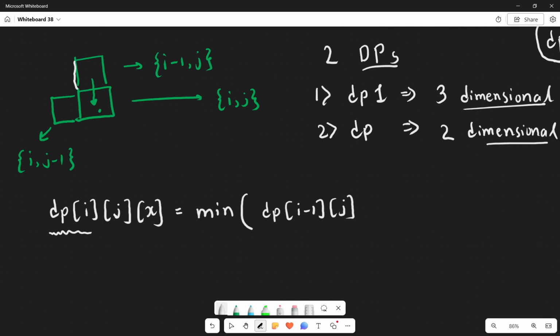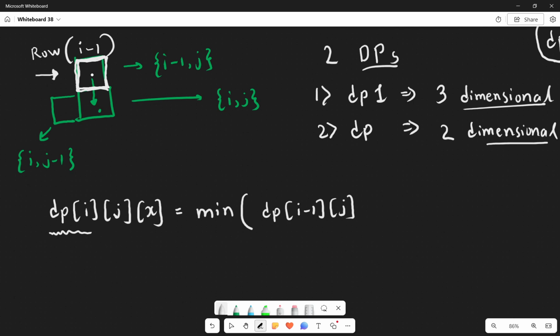When you are coming from the upwards cell, you don't care how many operations were performed on the row i minus 1.